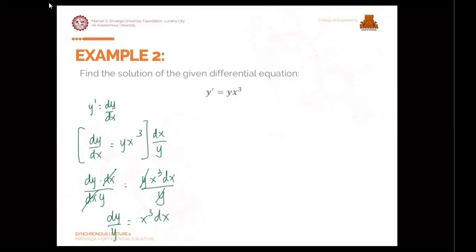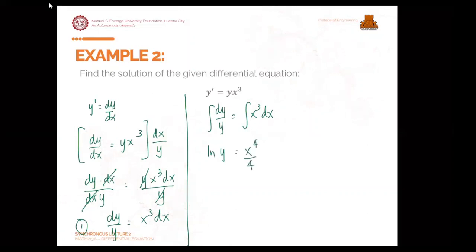Okay, so ito yung sa first step. Next is to get yung integration. Okay. So we have integration ng dy over y equals to integration ng x cubed dx. So we have ln y is equals to x to the fourth all over 4 plus c.